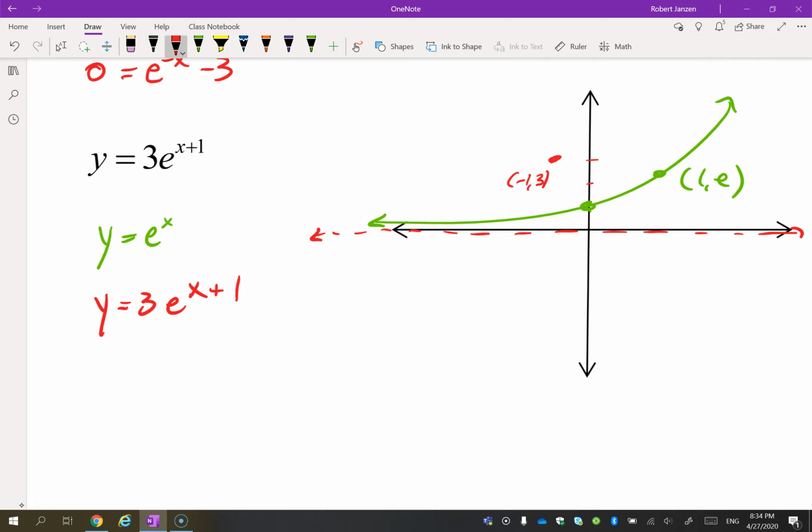And if I move left 1, that point will just be 3e. Okay, so my graph will look something like that. Stretched and back 1.